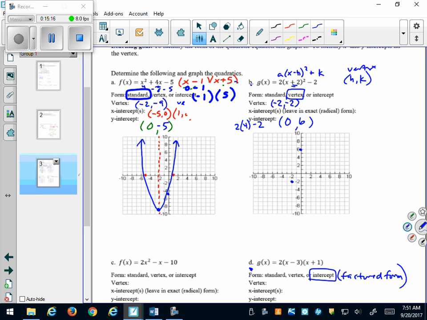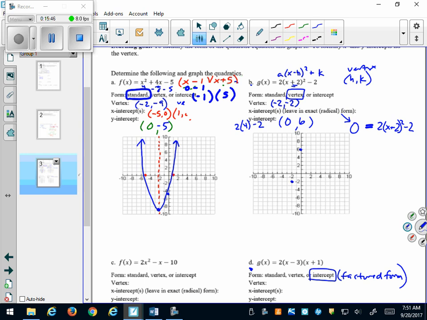Well, remember that the way this is written, g of x equals 2 times (x plus 2) squared minus 2, where's the y? g of x is the y, right? That's another way of thinking of it as y. So to find the x-intercept, you're going to plug in 0 right there.